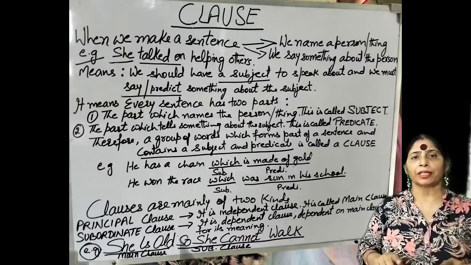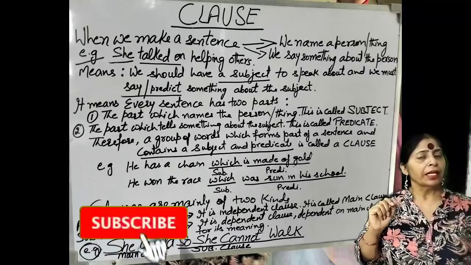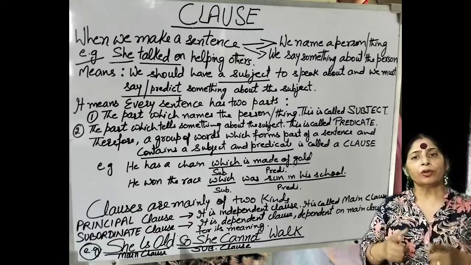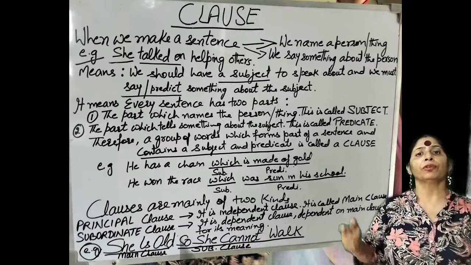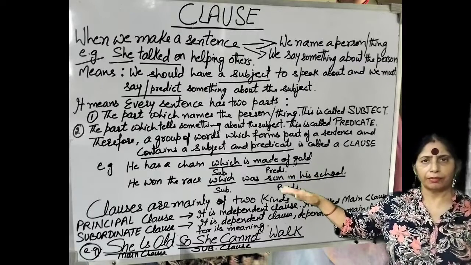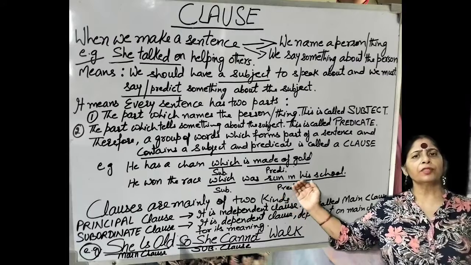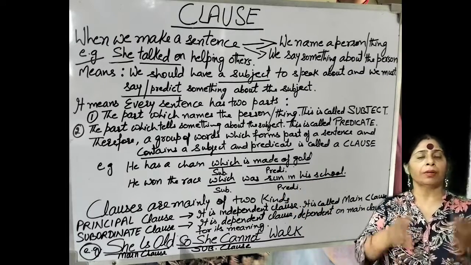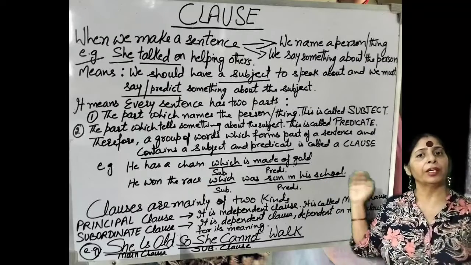"Which" is the subject. Now what are we saying about the chain? It is made of gold. So we said something about this subject, about this chain, which is made of gold.